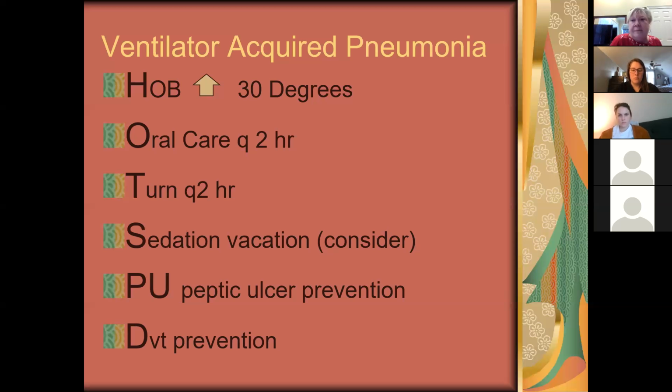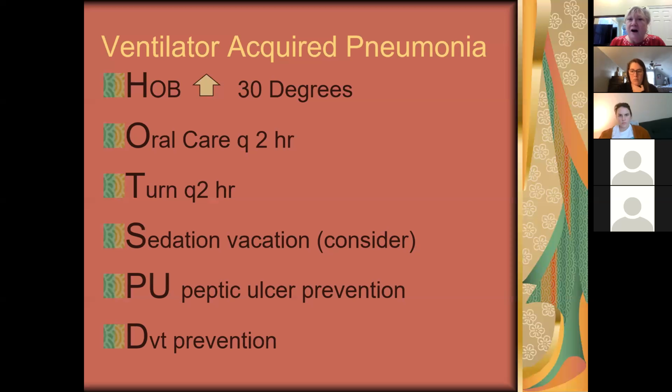They should be on some type of peptic ulcer prevention. It will help with reflux, which can contribute to aspiration. And DVT prevention, which is your prophylaxis with heparin or enoxaparin, which is Lovenox. So some type of DVT prevention.